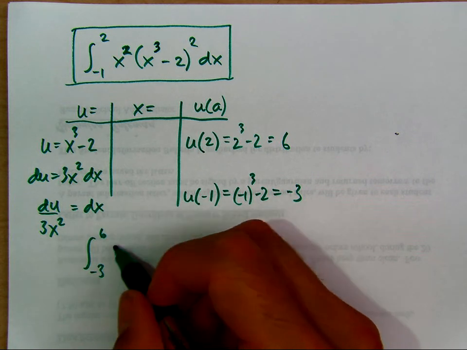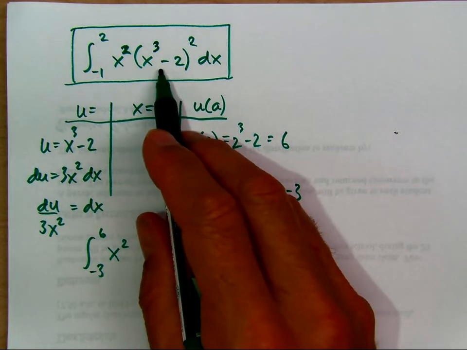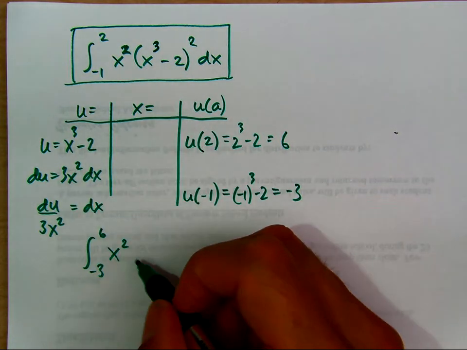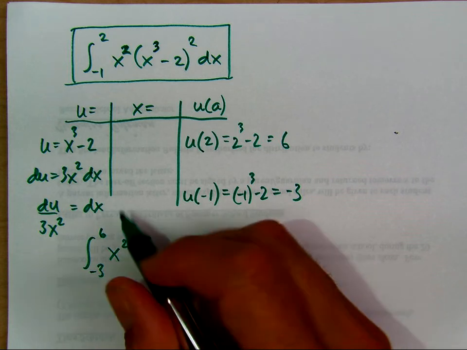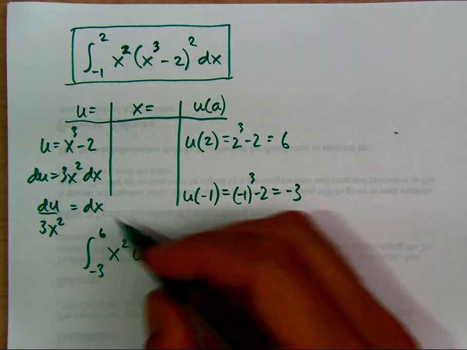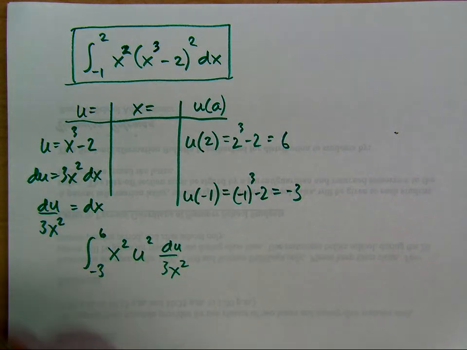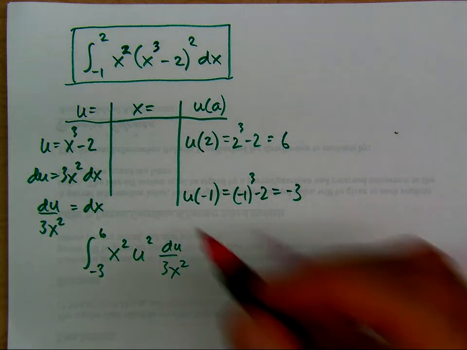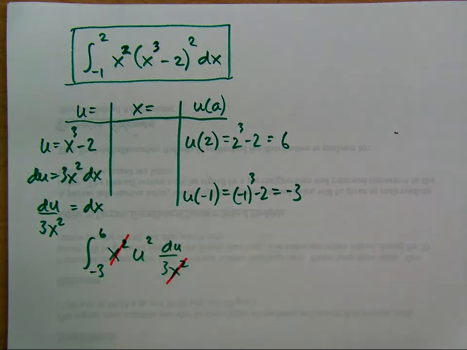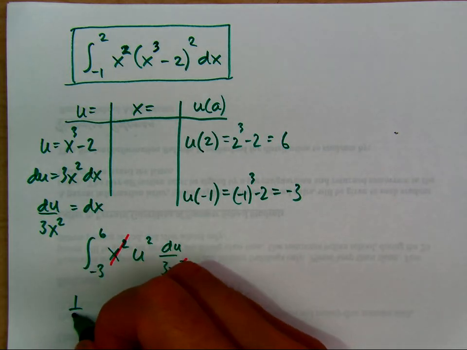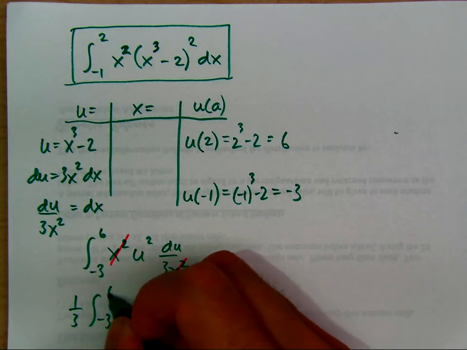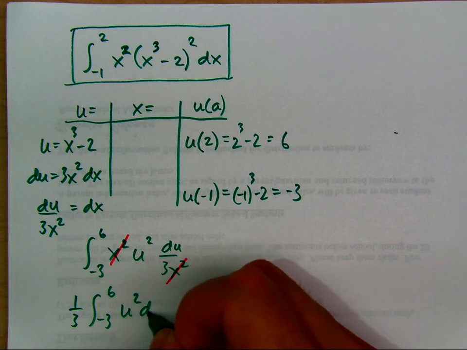And the inside is u. The differential of x is du over 3x squared. And the x squared cancels. So we have 1/3, integral from -3 to 6, u squared du.